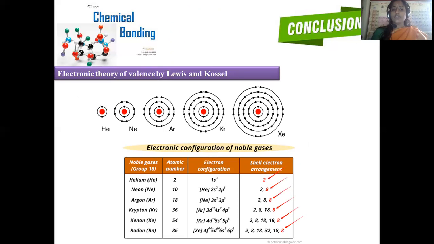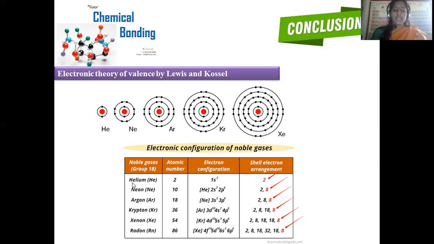In continuation, here is the electronic configuration provided for helium with 1s2, and neon with 1s2, 2s2, 2p6, 8 electrons in the valency shell. You can clearly observe the second main shell completely filled, argon with the third main shell completely filled, 3s2, 3p6, krypton with the fourth main shell completely filled with 4s2, 4p6, and xenon with the fifth main shell completely filled with 5s2, 5p6.